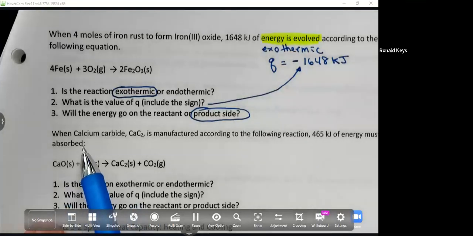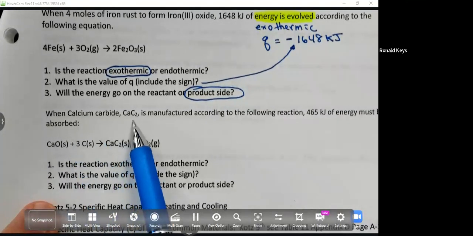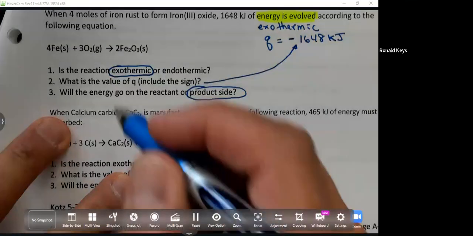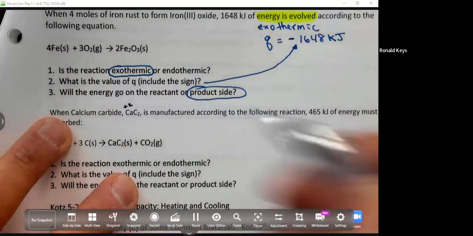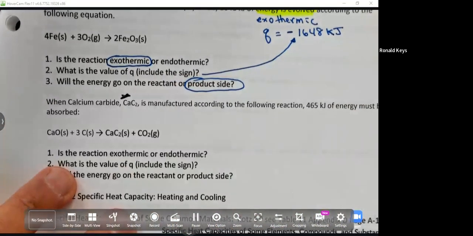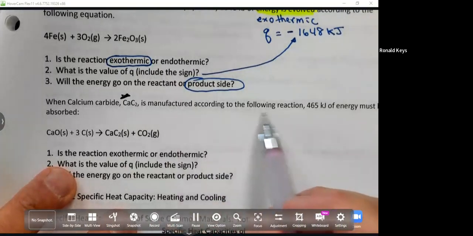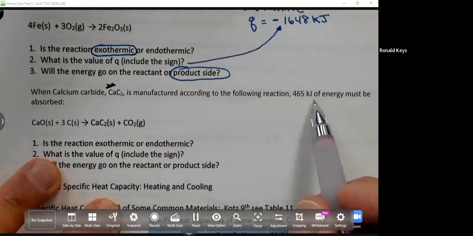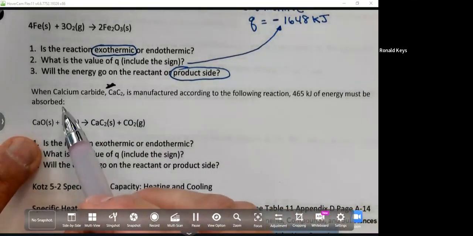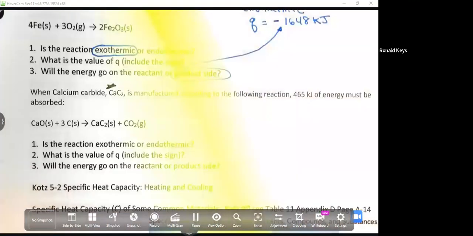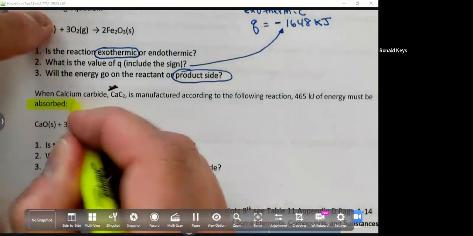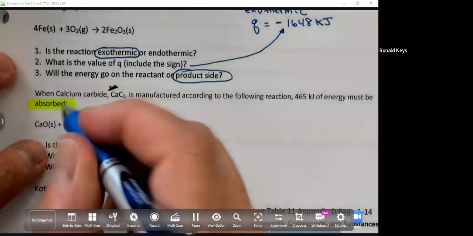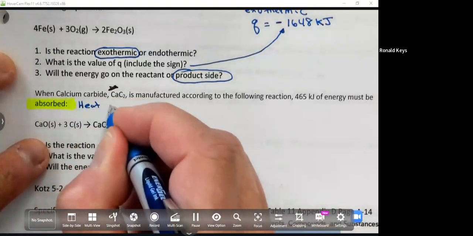Here's another one. When calcium carbide, CaC2, is manufactured according to the following reaction, 465 kilojoules of energy must be absorbed. This means we have to put heat in.